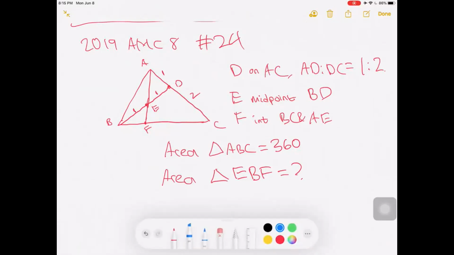So it's asking us for this area here. There you go. And if you just use mass points to find some of the ratios, like I did above, and you use some ratios, you could probably find the area. So I'll give you guys a few minutes to try that out.